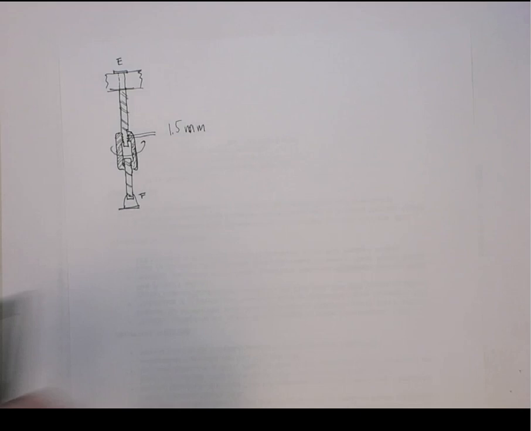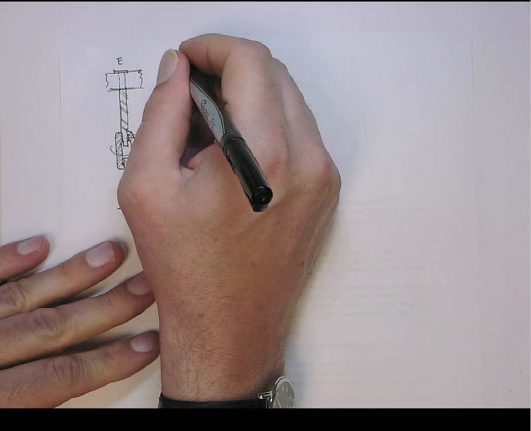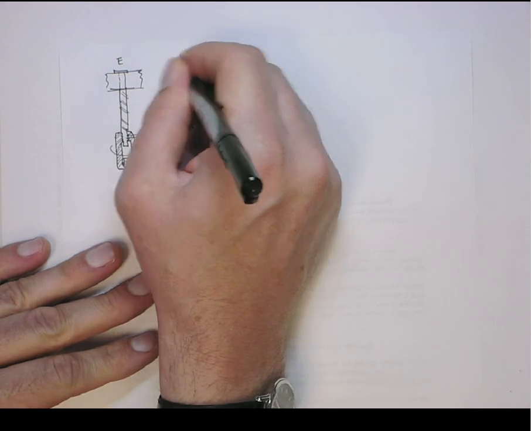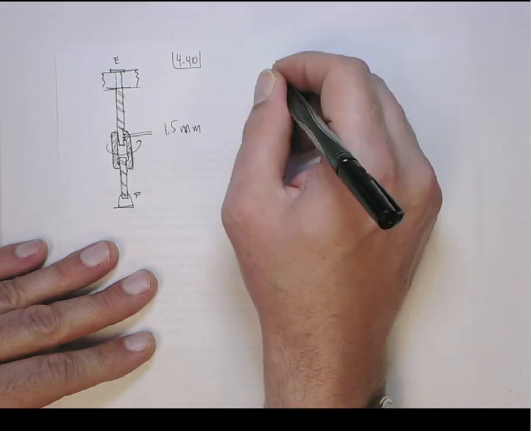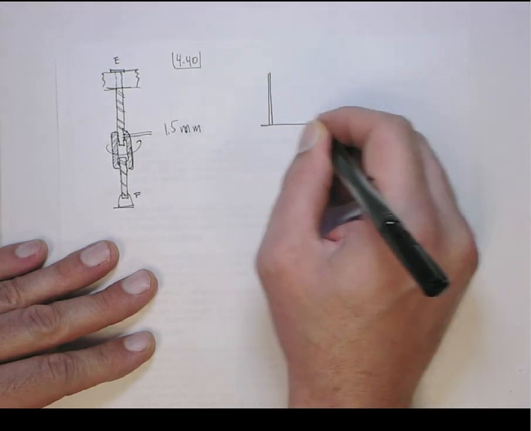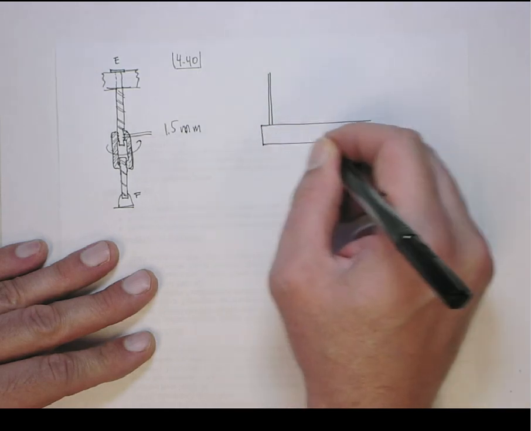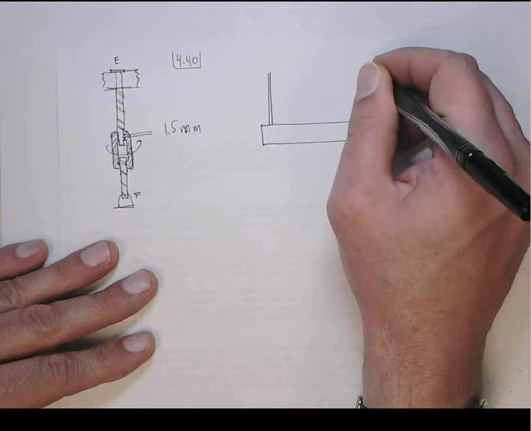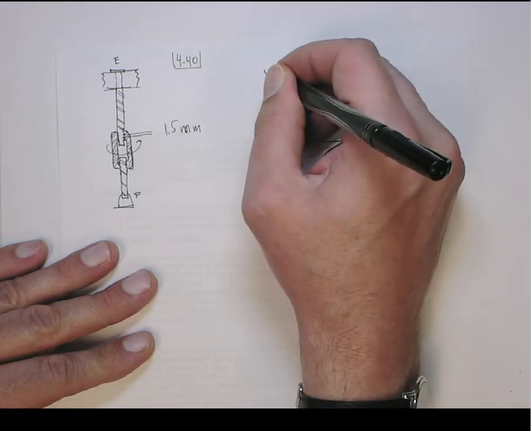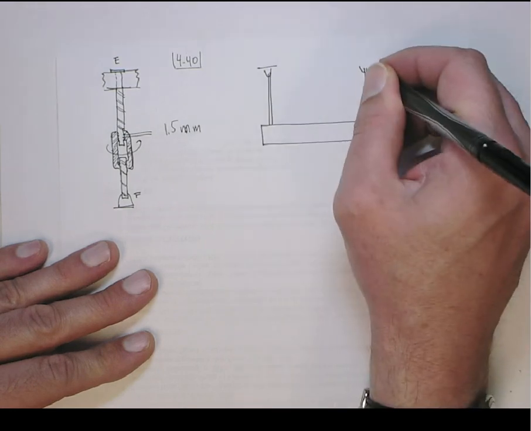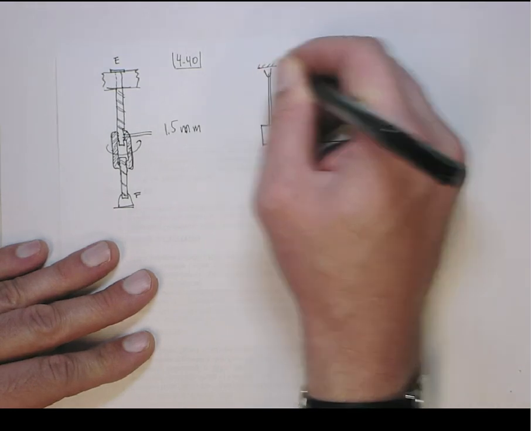So let me draw the picture a little better. My office is a mess. Good thing you can't see how messy my office is today. So this is problem 440. Here's the little detail. Here's the upper portion.